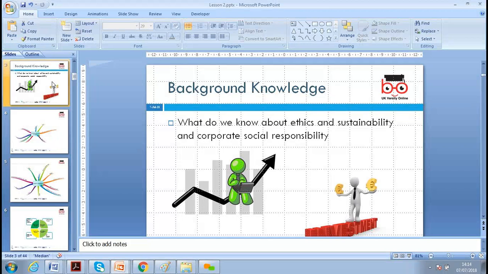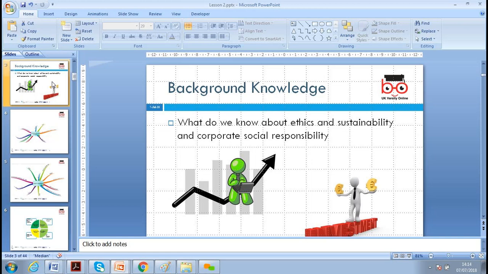Okay, sustainability. What is meant by sustainability? How sustainable our products are, the caring of the environment. Okay, good. And what about corporate social responsibility then? Like we are not only caring about the stakeholders, but also about human rights.